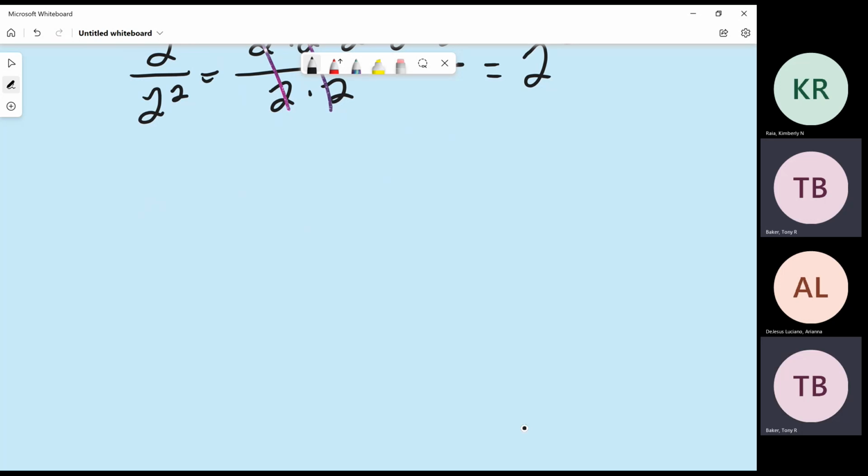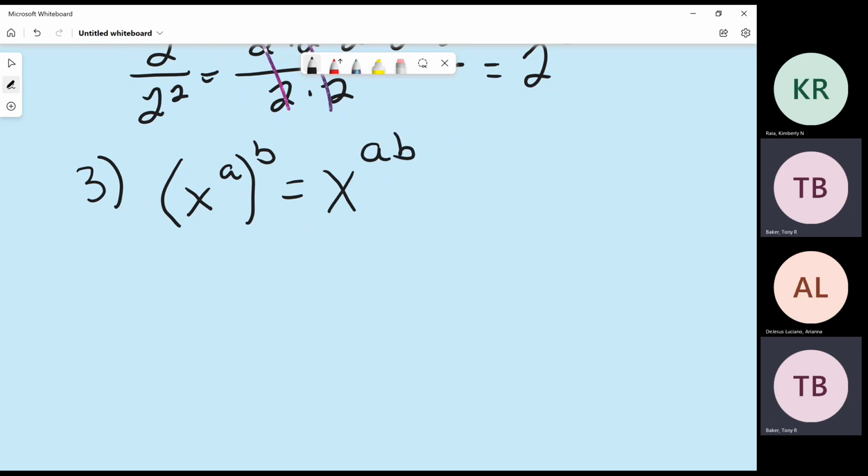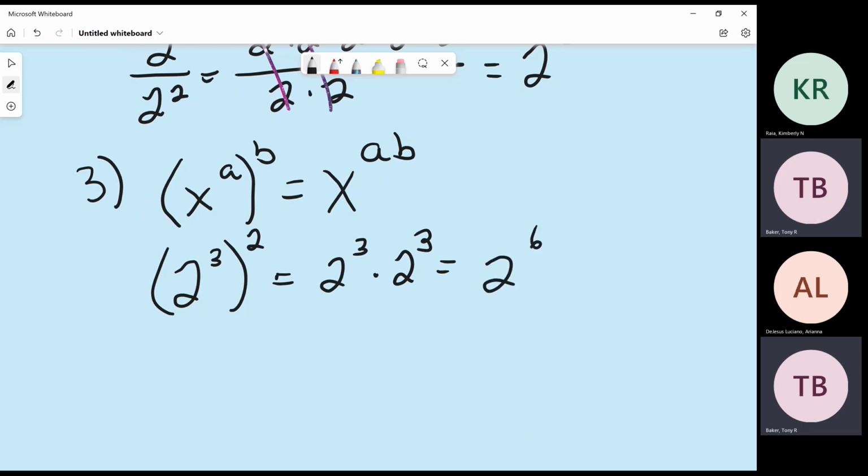The next couple rules look at parentheses. If I have x to the a raised to the b power, this is the one where we're multiplying, and it's going to be a times b. So if we do 2 to the third to the second, that would be 2 to the third times 2 to the third, which we already said when we were adding, would be 2 to the 6th.